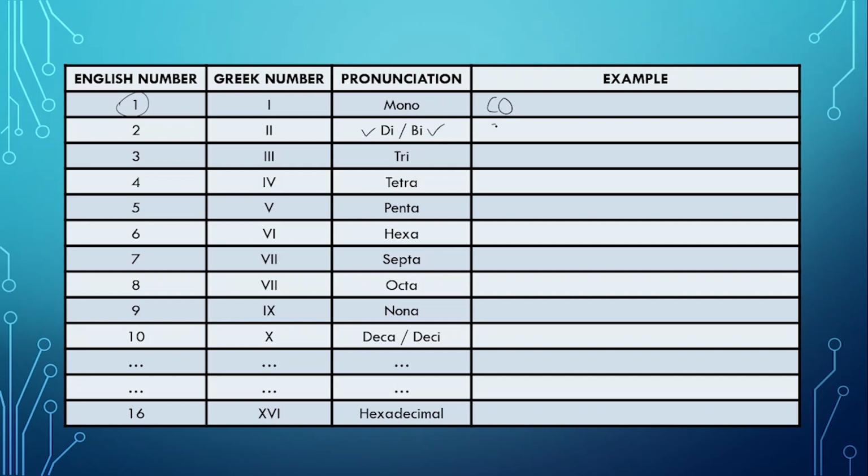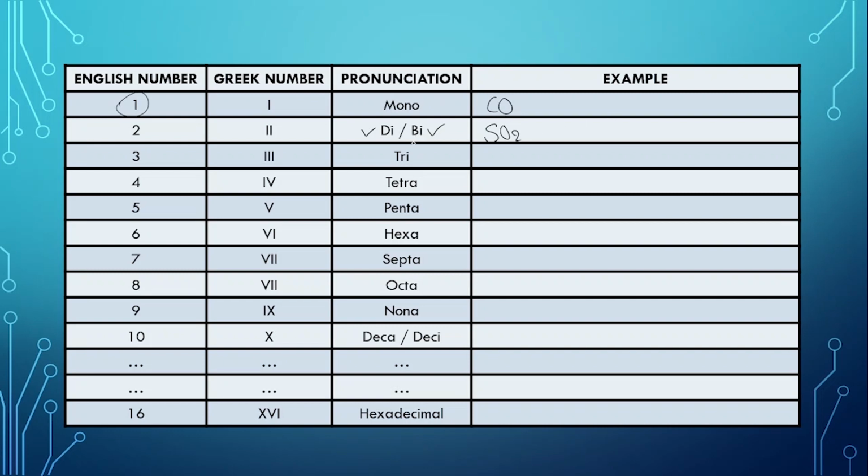Say for example I have another gas called SO2. Now this SO2 can be pronounced as sulfur dioxide. Di means two, which means two atoms of oxygen are bound with one atom of sulfur, making sulfur dioxide. Another pronunciation of number 2 is bi.